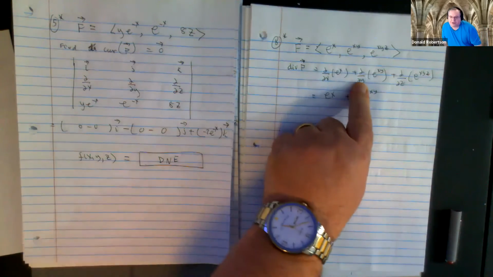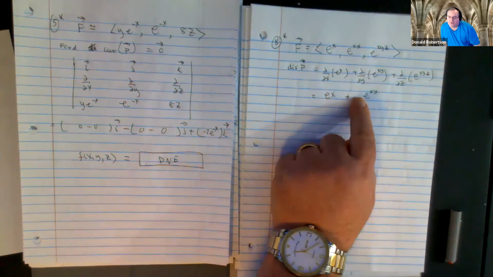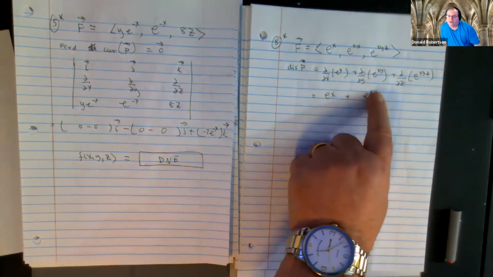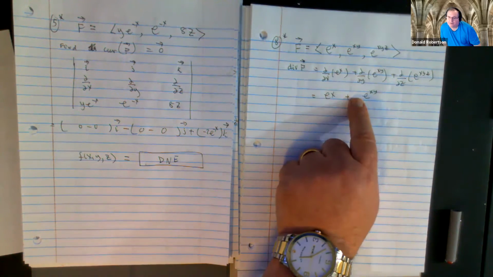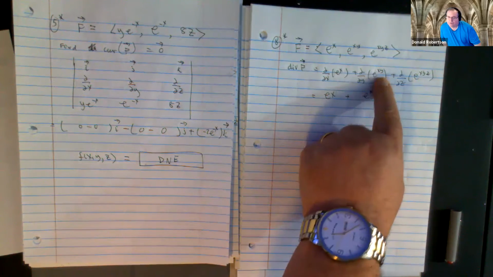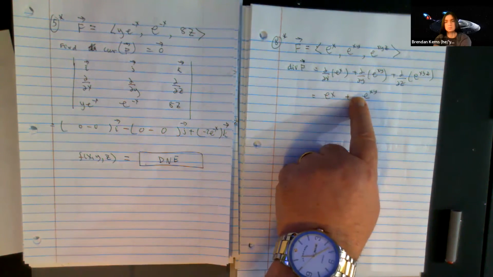Now remember, we're differentiating here. So what else goes next to the e here? The derivative of e to the xy is e to the xy times something. What goes here? X. Okay.